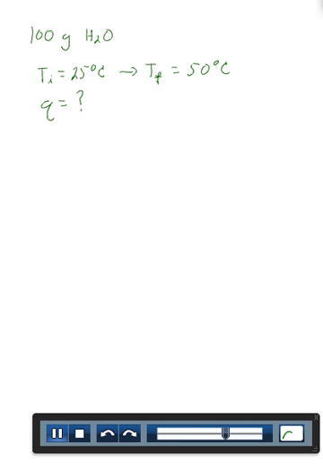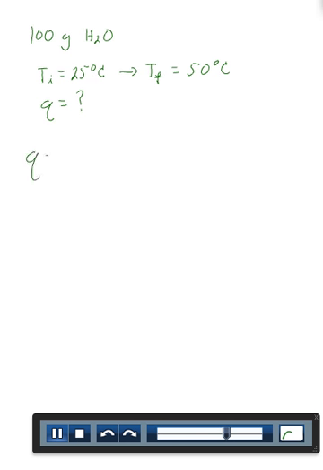Say we have 100 grams of water, and we want to raise the temperature from 25 degrees centigrade to a final temperature of 50 degrees centigrade. We want to know how much heat is required.